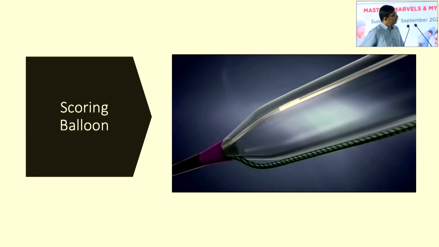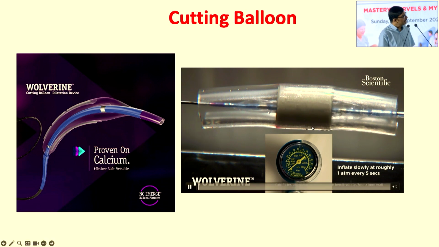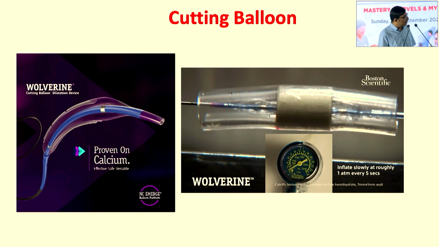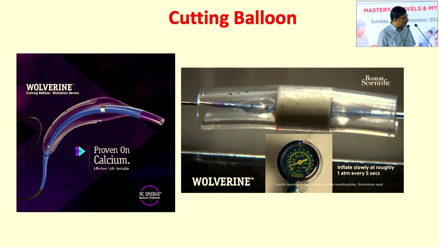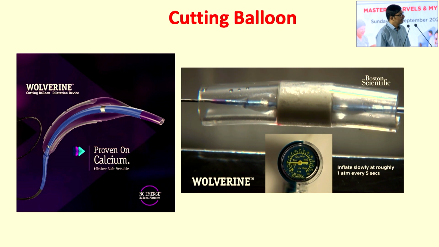Okay, and we have a third type of balloon that is called a cutting balloon, which literally has 3 blades longitudinally mounted on the balloon. You can just see that. This is a calcium model, and this is your balloon with the blades mounted longitudinally on the balloon.